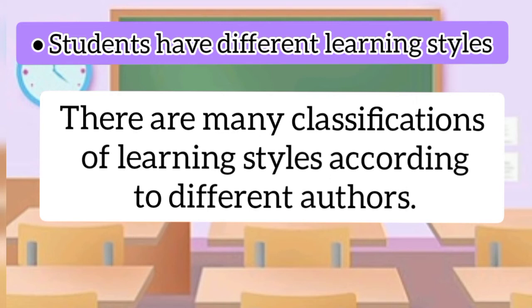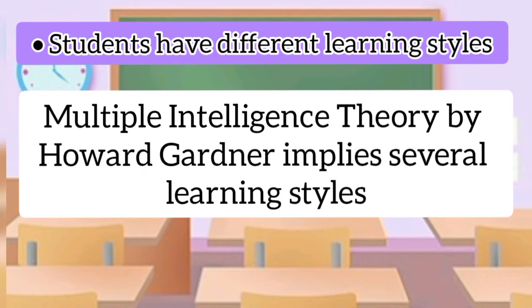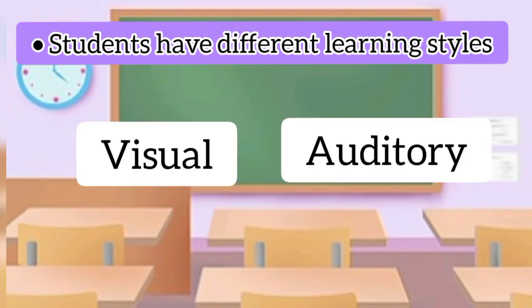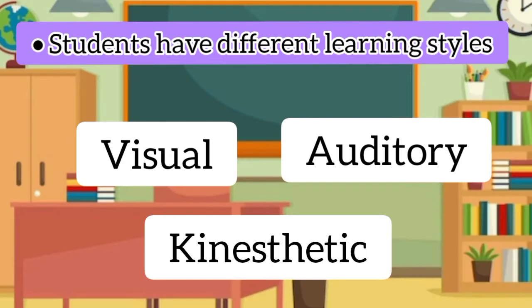The multiple intelligence theory of Howard Gardner implies several learning styles. But for our lesson, we will just focus on three learning styles, which are visual, auditory, and kinesthetic. These three preferred styles can help teachers choose the methods and the materials they will use.